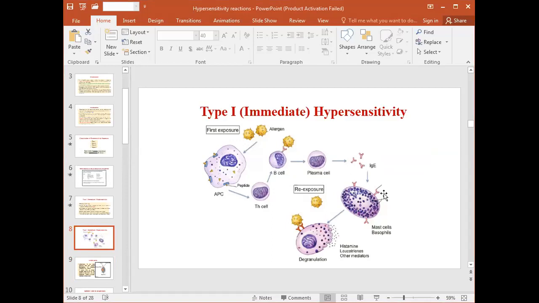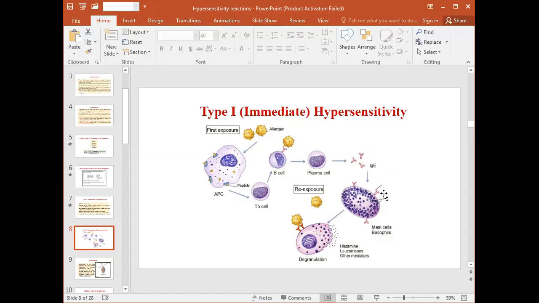So mast cell granules contain histamine. When they degranulate, histamine release causes increased vascular permeability and vasodilation, which contribute to the immediate effect seen in type 1 hypersensitivity reactions.